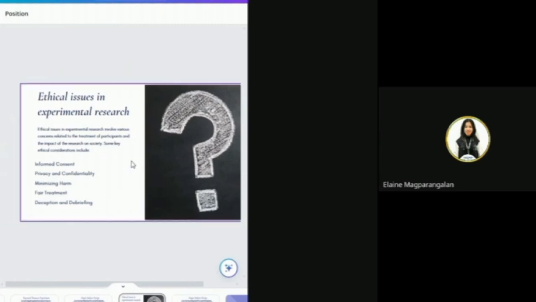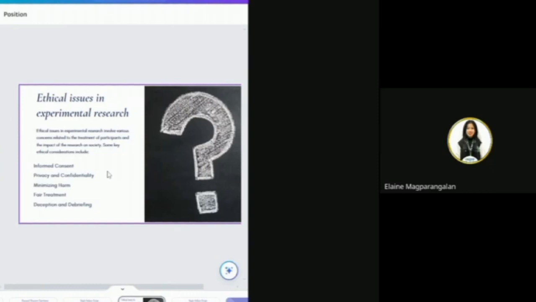Okay. Now, in informed consent, we have to make sure that participants know what they're getting into, and that they willingly and voluntarily agree to participate in any portion of your study. You must make sure that your participants willingly and voluntarily participate in your study.